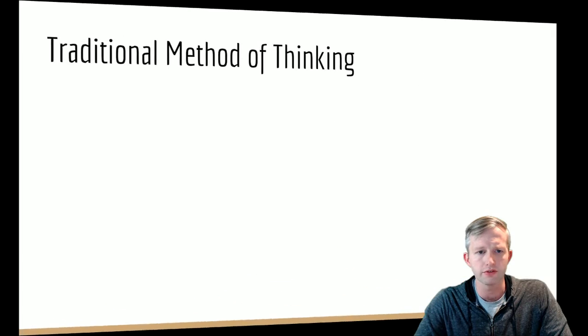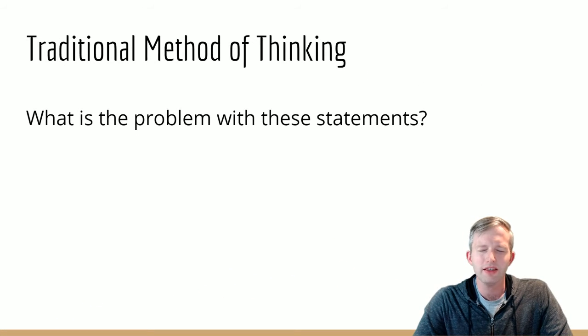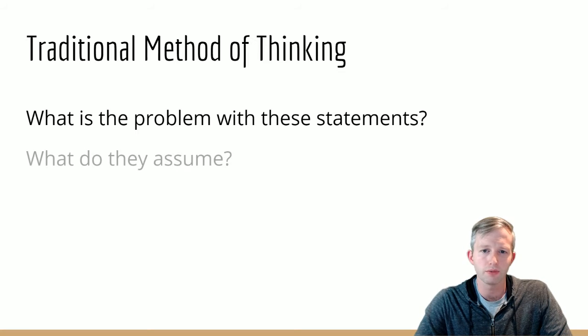So I want you to think about those statements and try to think of what the problems are when we make statements like we just did. I wouldn't say that any of those are incorrect from a standpoint of understanding what these organelles are meant to do, but there is a fundamental problem.